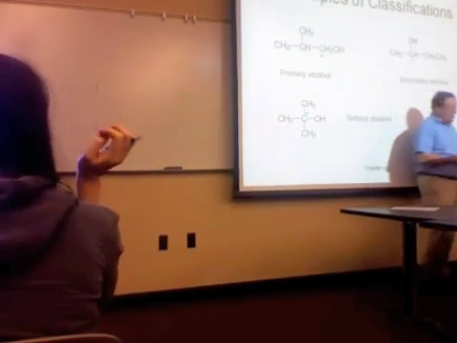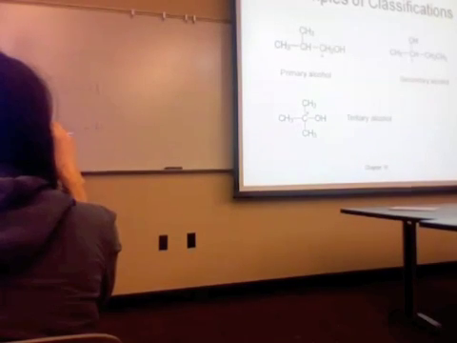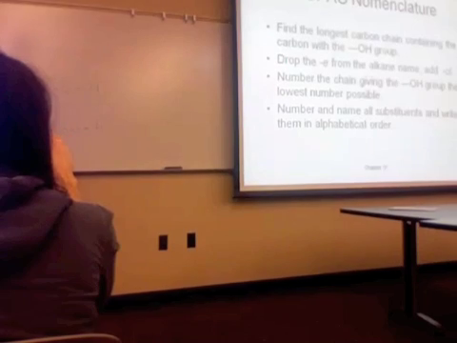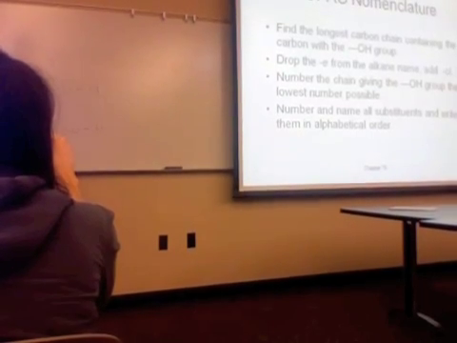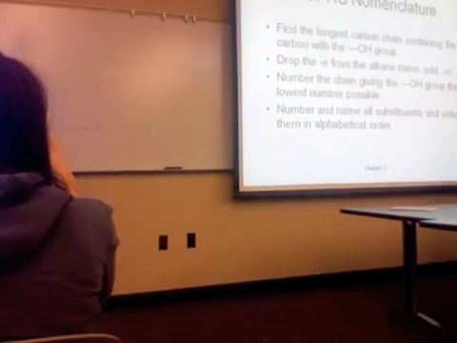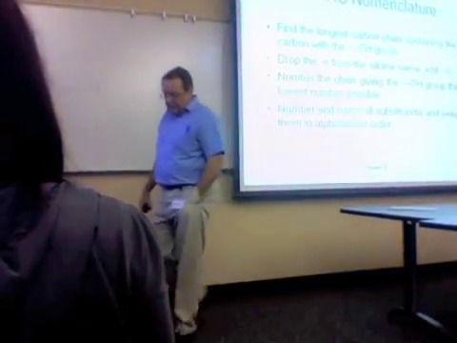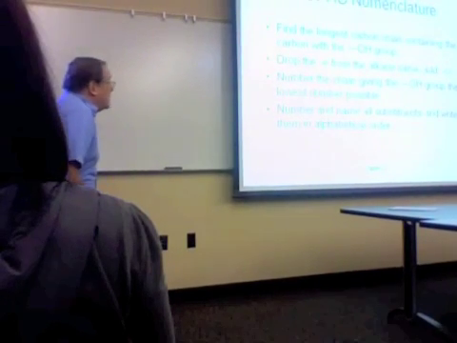This is pretty commonly called tert-butyl alcohol. The IUPAC name would be 2-methyl-2-propanol. Let's get into IUPAC nomenclature. We take the longest carbon chain that contains the alcohol group, the hydroxyl group, and that becomes the parent chain.